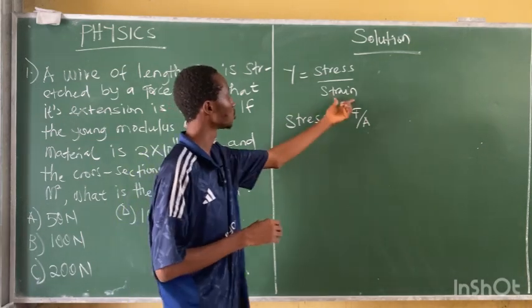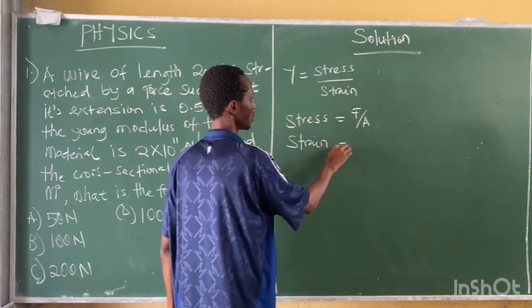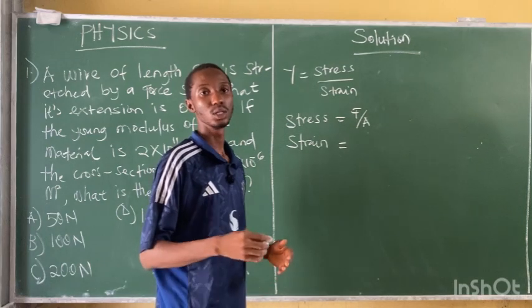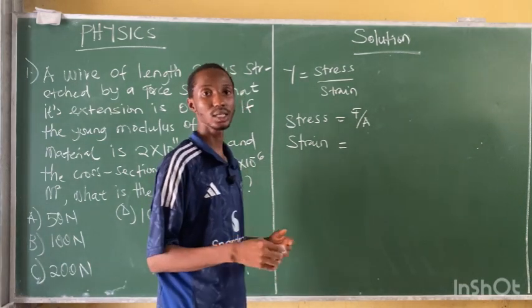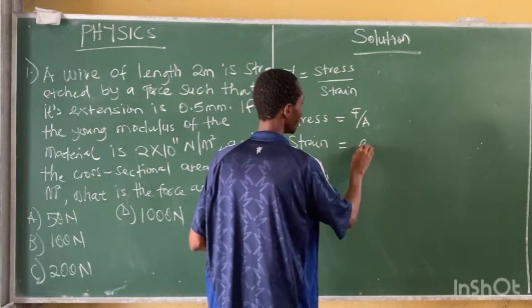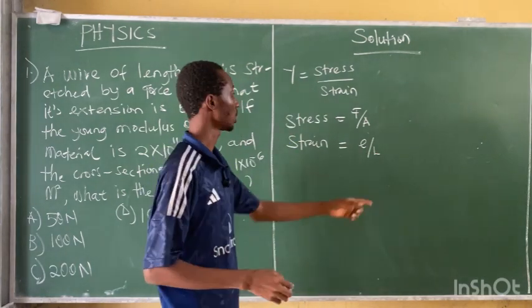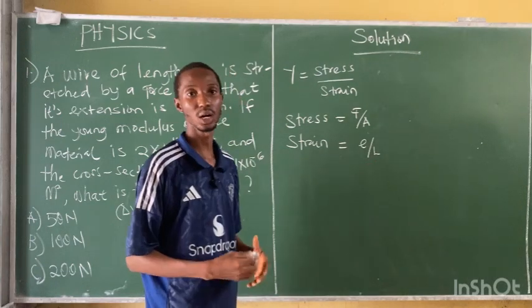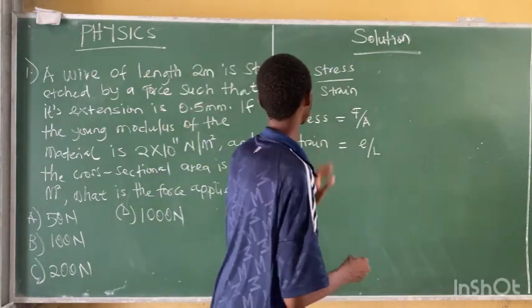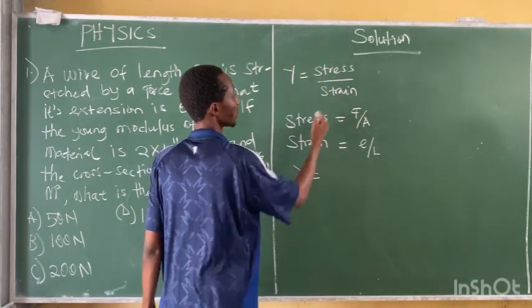We have the next, which is strain. Strain here talks about the extension acting per unit length. We have E over L, where E stands for the extension and L stands for the original length. If we substitute this into this equation, we have Young modulus Y is equal to stress over strain.